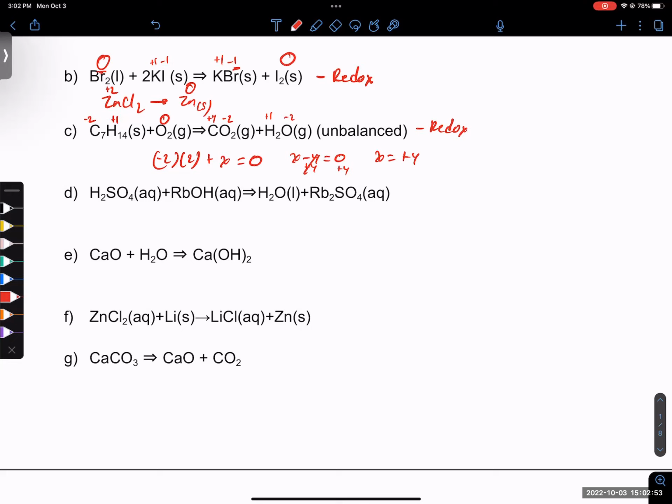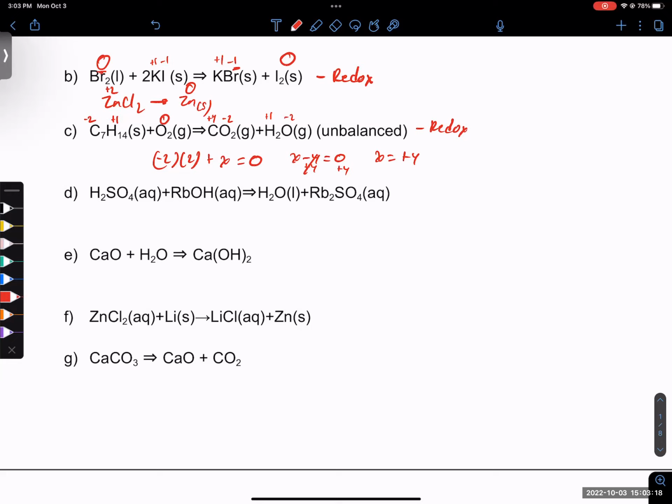But once you think about it, if it's being reduced, then something else is being oxidized. So it has to be the oxidizing agent, because it's facilitating the oxidation of something else, so that it can be reduced. Does that make sense? Yeah, so that is that.